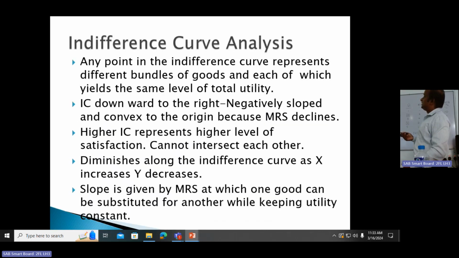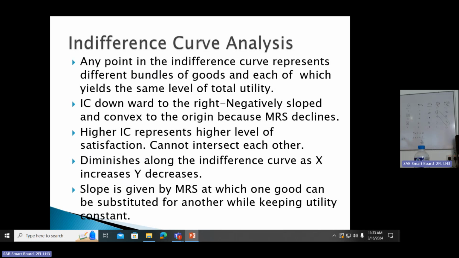The indifference curve actually explains the different bundles of goods, for example, different combinations of goods that the consumer is willing to buy, and that gives us an equal level of satisfaction.